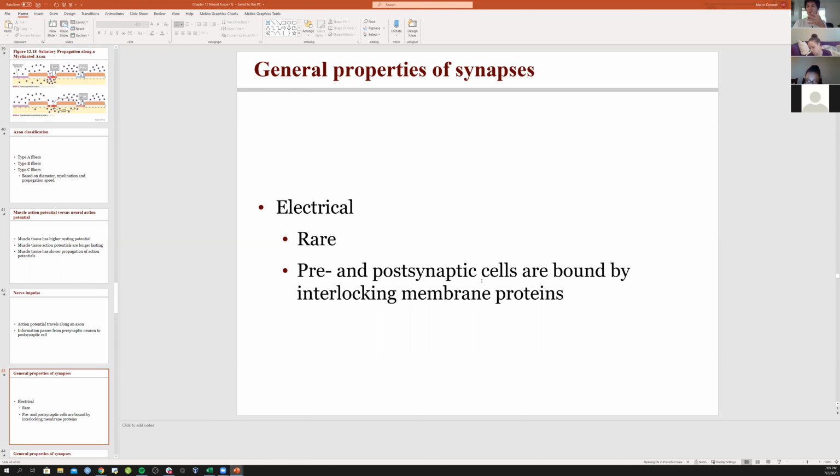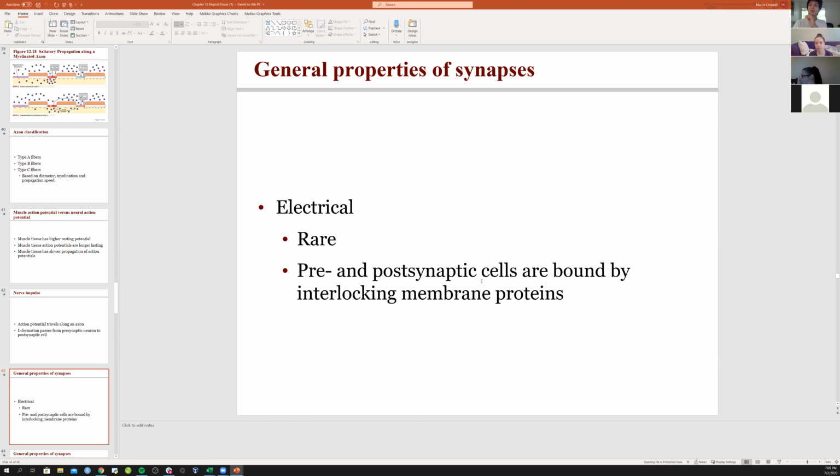Let's say that this is a dopaminergic neuron, it makes dopamine. So whenever the action potential reaches the end of the axon, it tells those vesicles to fuse and release that dopamine into the synapse. The postsynaptic neuron has receptors for dopamine, so there will be a response there, changes in the graded potential in the postsynaptic neuron.